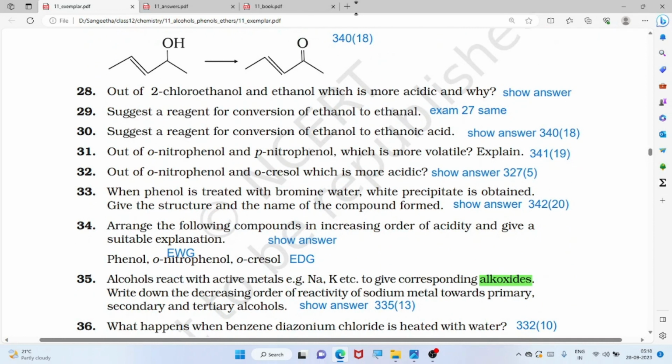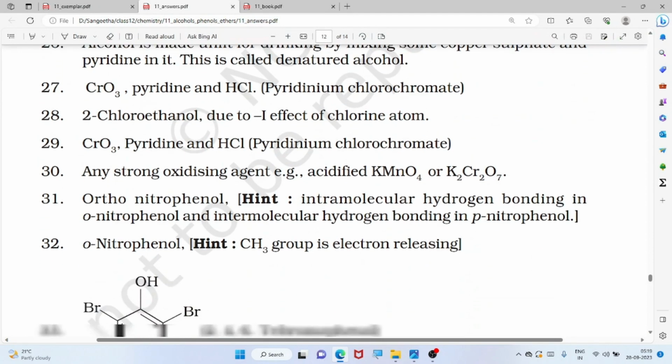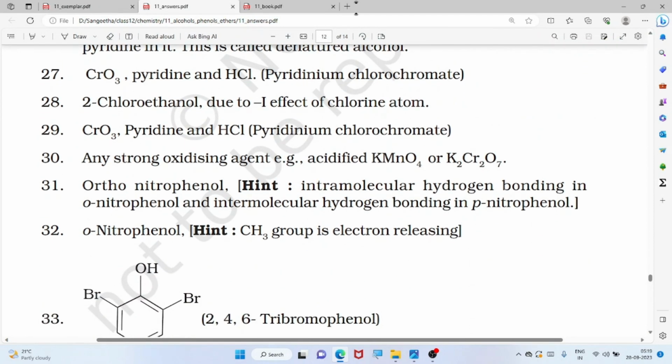Suggest a reagent for the conversion of the ethanol alcohol to the ethanoic acid. Any strong oxidizing agent.